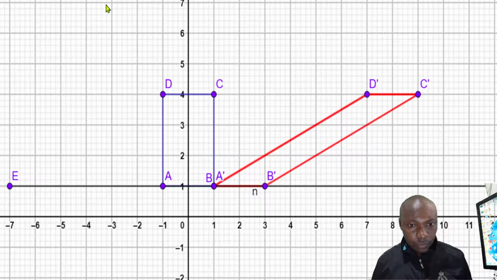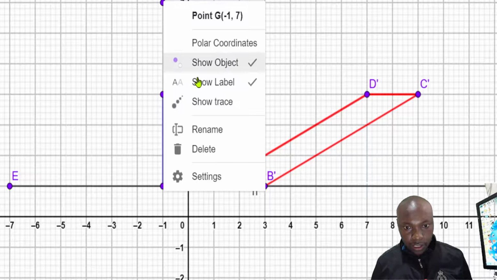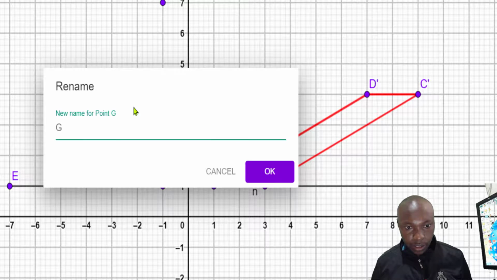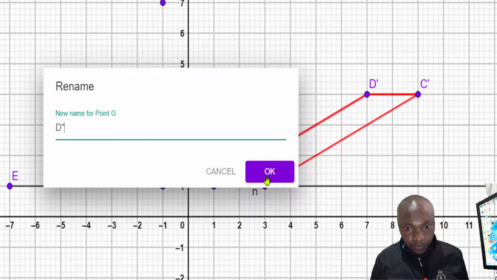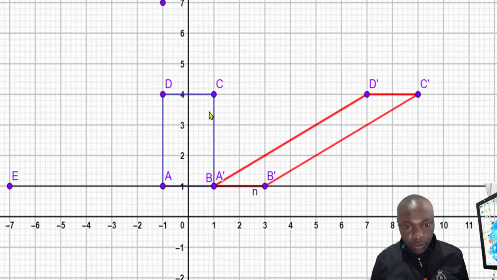So definitely that will be the point where D will be located. You can rename this point D double prime. That is where we have it.